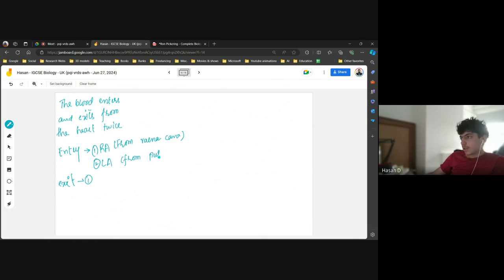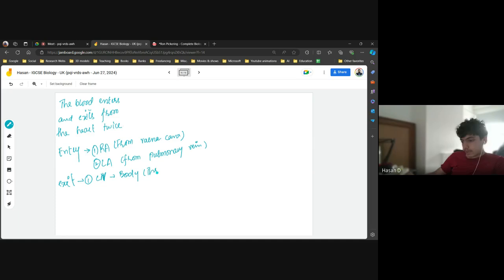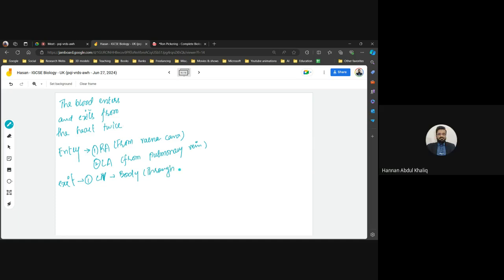So it goes through the aorta, left ventricle to the body through the aorta. And what is the second exit?